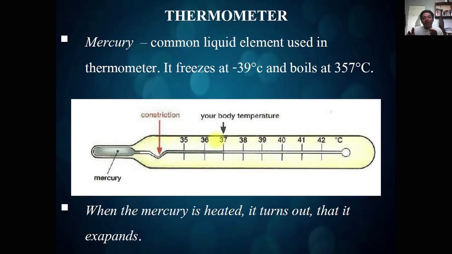It is being exposed to a lower temperature, so the mercury goes back down. Why? Because if a body is heated, it expands, but if it is subjected to a low temperature or cooled, it shrinks. That is the important thermometric property of materials.